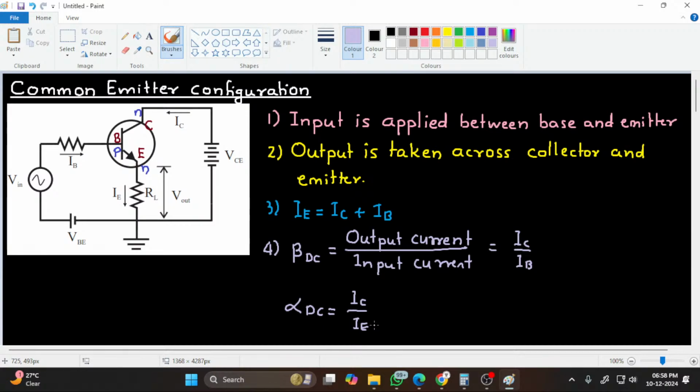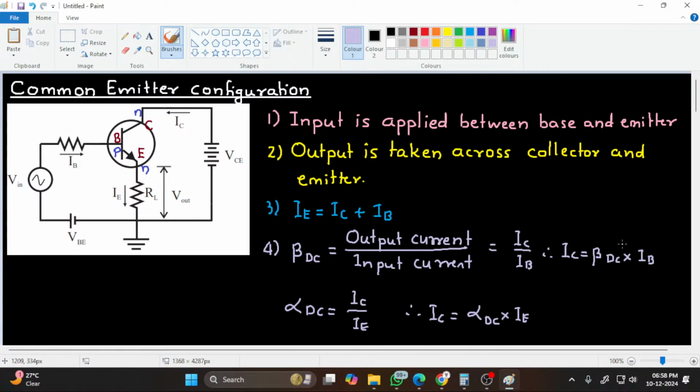So we can write IC is equal to alpha DC into IE, and here we can write IC is equal to beta DC into IB.